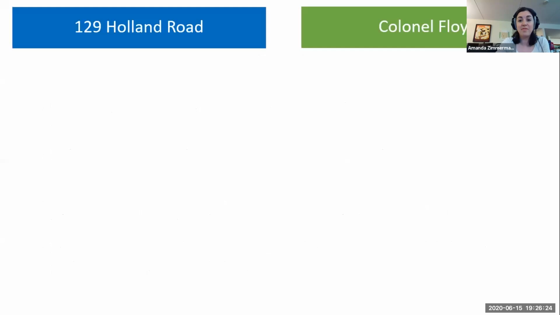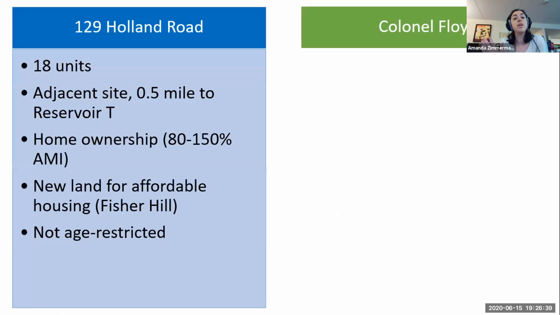So basically, we have 2 options. A vote in favor of warrant Article 13 is for the Holland Road option, and a vote against it is for Colonel Floyd. So what do these look like? Holland Road is 18 units on an adjacent site. It's about half a mile from a T-stop. These are home ownership units.